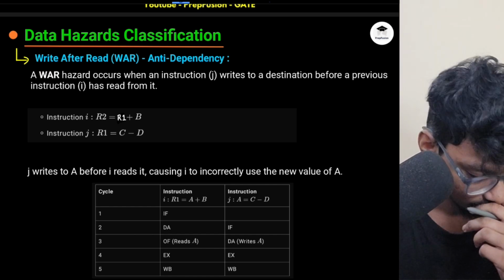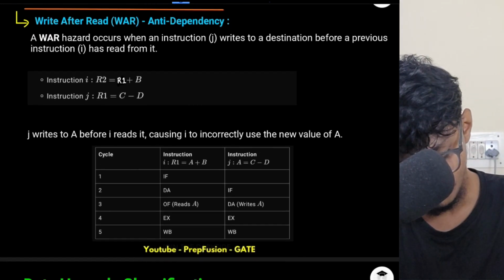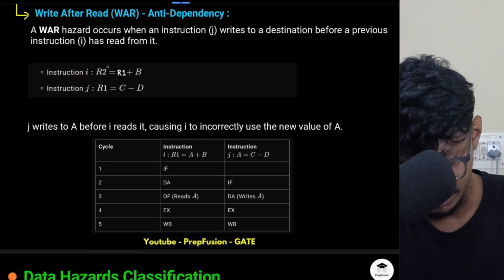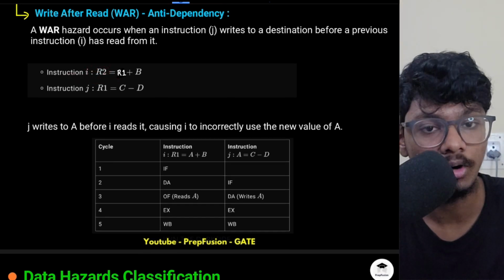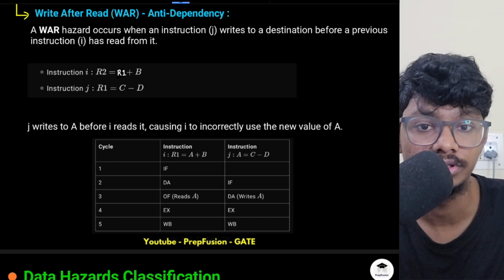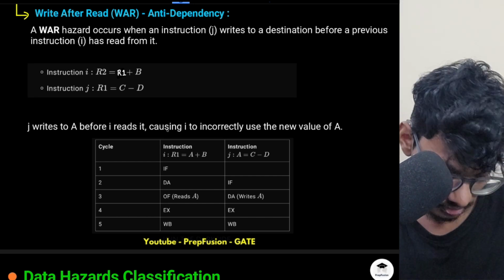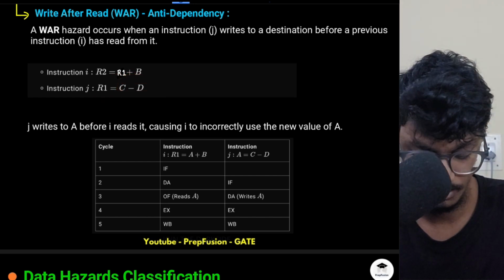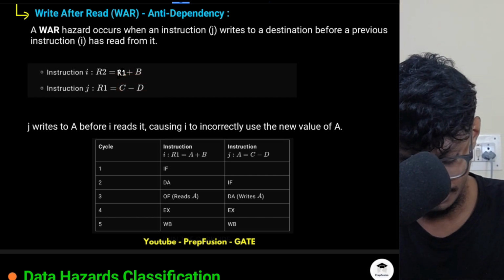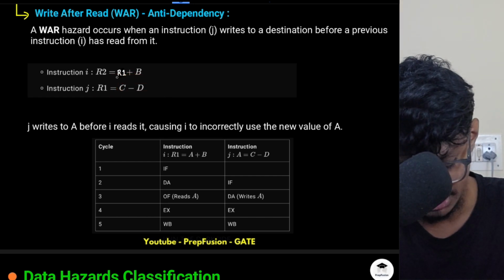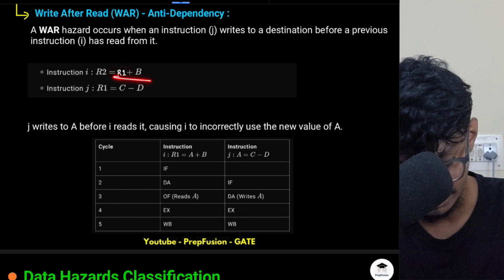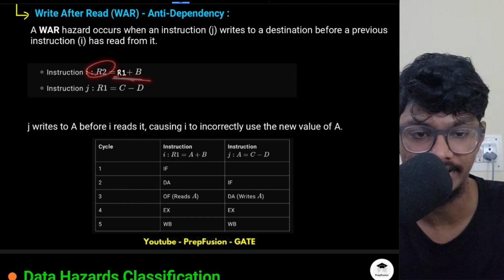That is a problem. So here I have instruction I, that is R2 equals R1 plus B, and J, R1 equals C minus D. What I am supposed to do is read from this R1 first, then add these two up and then store.